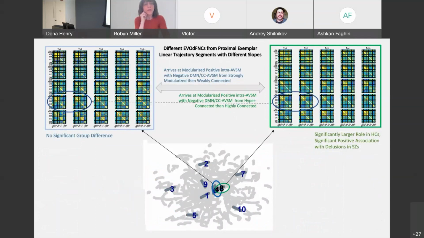One of the things that's crucial to see is that the direction of the summary tangents is important. So the direction does matter. And so you take two, for example, linear exemplars very proximal to each other in the embedding. So they would be grouped together.